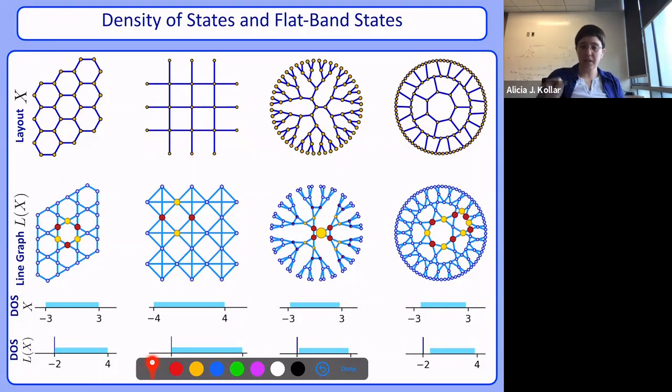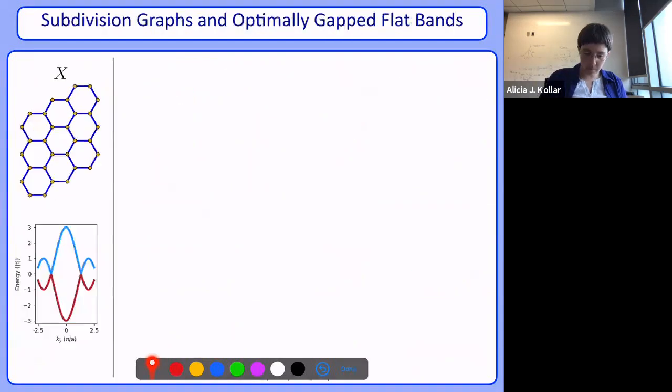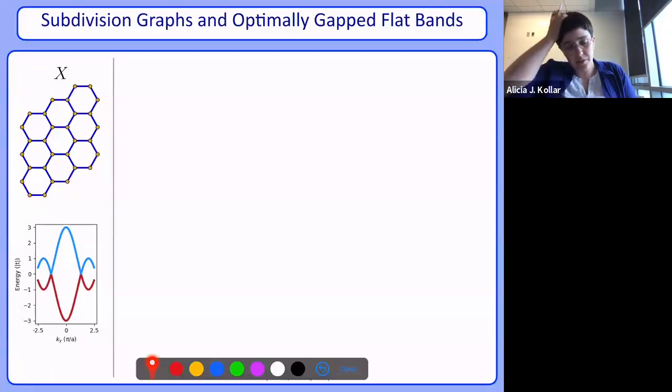And so if we want to realize this in a Euclidean system, we just have to find a Euclidean lattice whose least eigenvalue is not minus the degree. And so we just need a non-bipartite starting configuration. And the canonical example of this is the triangular lattice, but that's actually very hard for us to make in hardware.